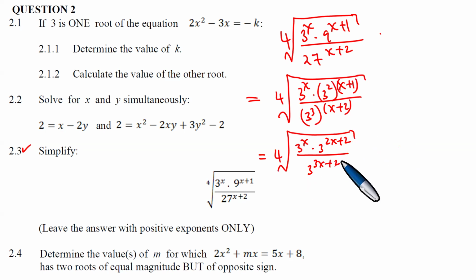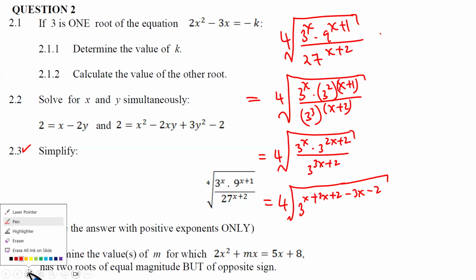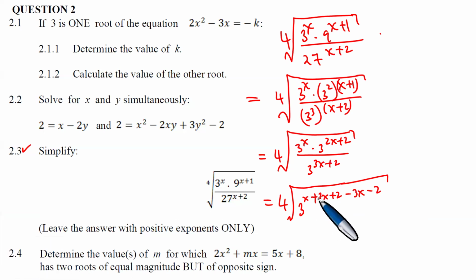Okay, because we've already written everything to the base 3 under the square root, so 3 to the power x plus 2x plus 2 minus 3x minus 2. Okay, yeah, we have that. Which is this. Which is the fourth root.